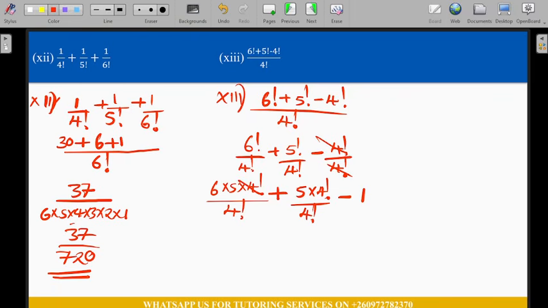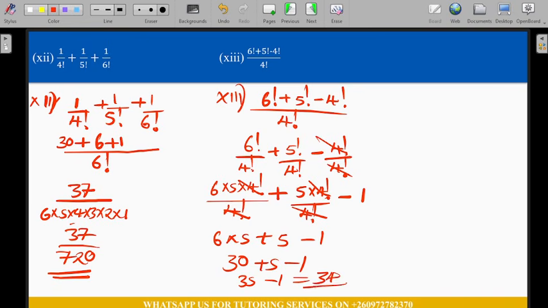So we have 6 times 5 plus 5 minus 1. So 6 times 5 is 30, plus 5 minus 1. So 35 minus 1 gives 34.